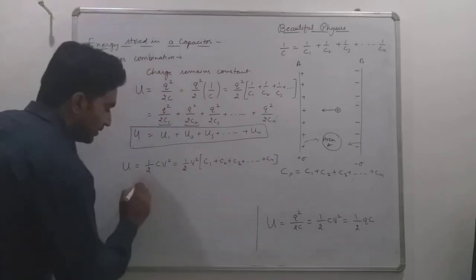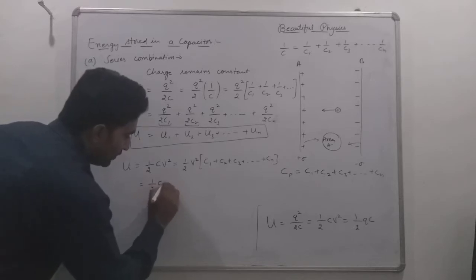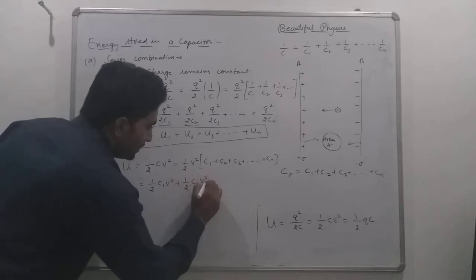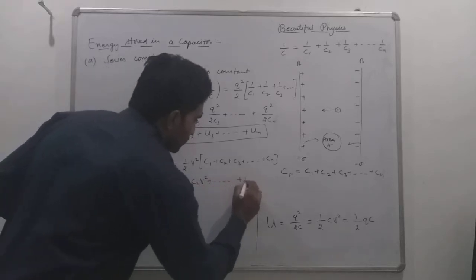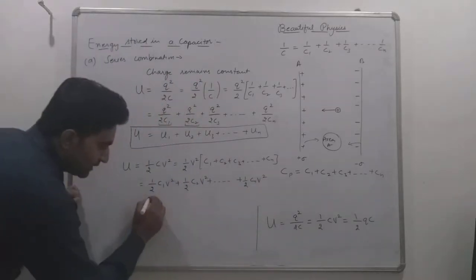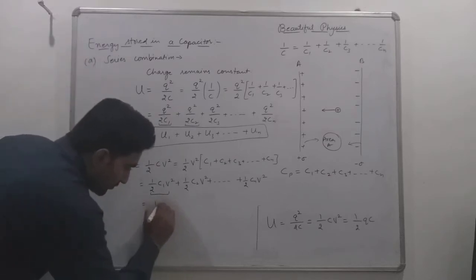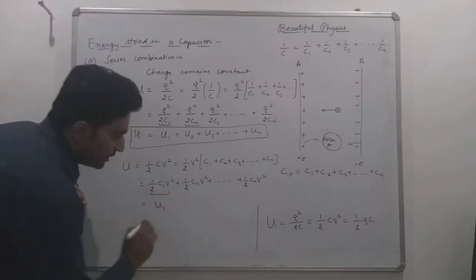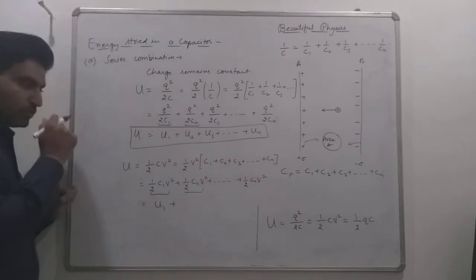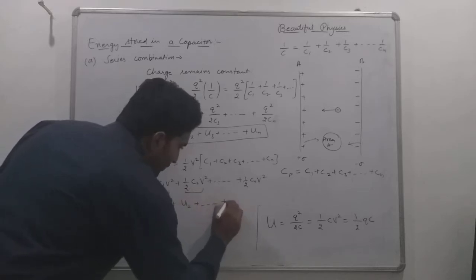When you multiply the terms, again we have 1 by 2 C1 V square plus 1 by 2 C2 V square up to 1 by 2 Cn V square. The first term represents the energy stored in the first capacitor, which we can write as U1. Similarly, the second represents the energy stored in the second capacitor, U2, and so on up to Un.